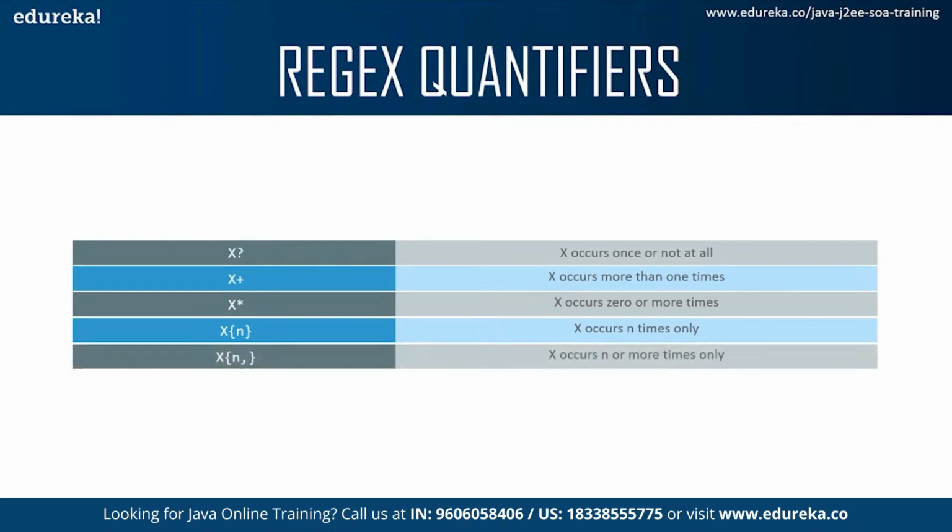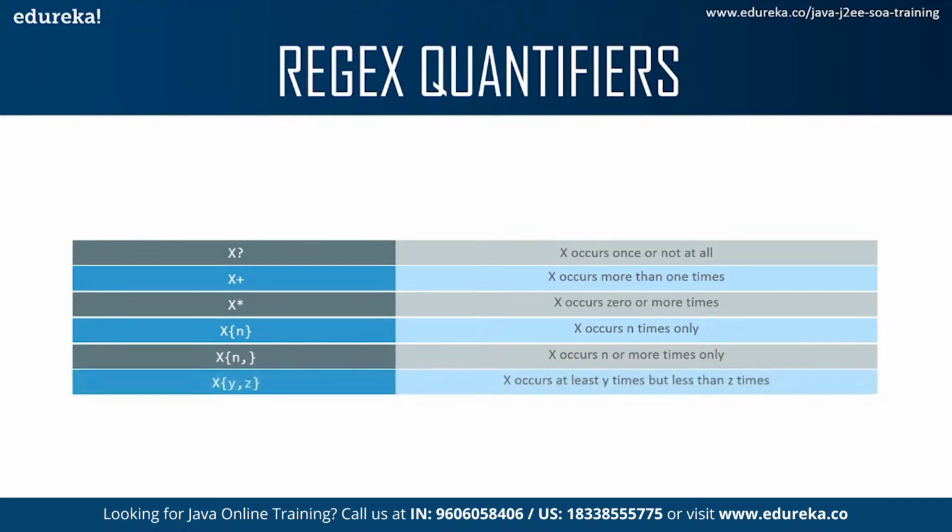If you have N with a comma, it implies X occurs N or more times. And if you have parameters like y, z, it implies X occurs at least y times but less than z times. So these are the various regex quantifiers, and let's see how this works.